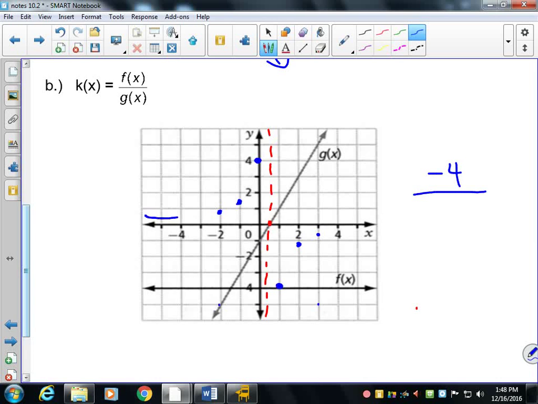I think it looks like this if I actually hit my points. Because if you do negative 4 divided by a bigger number, you're just going to get a smaller and smaller negative fraction, right? And if you get negative 4 divided by a negative number, you're just going to get a smaller and smaller positive fraction. Okay?